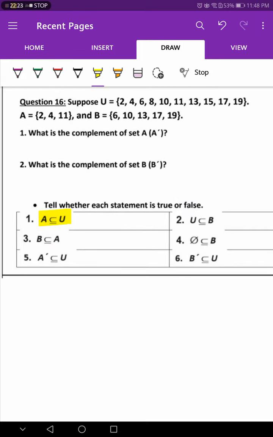Is the set A, or all the elements of A, found in U? Can you find all the elements of A in U? Actually, yes. So it is true. Great.